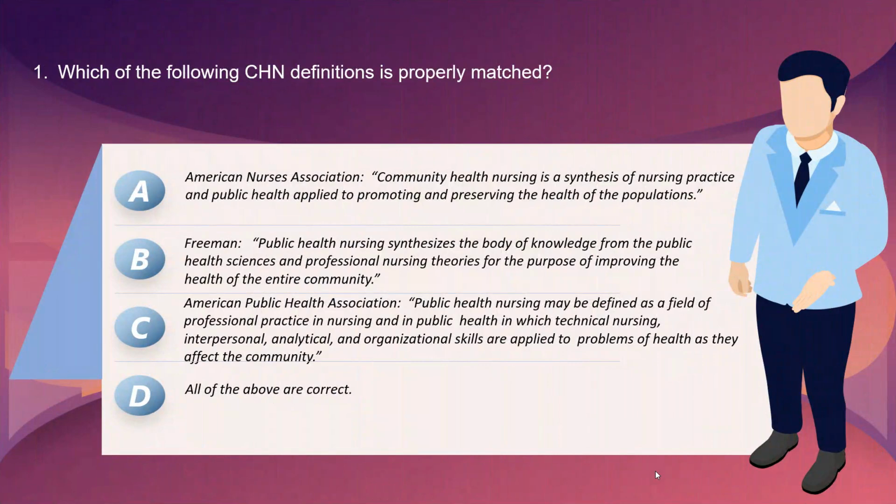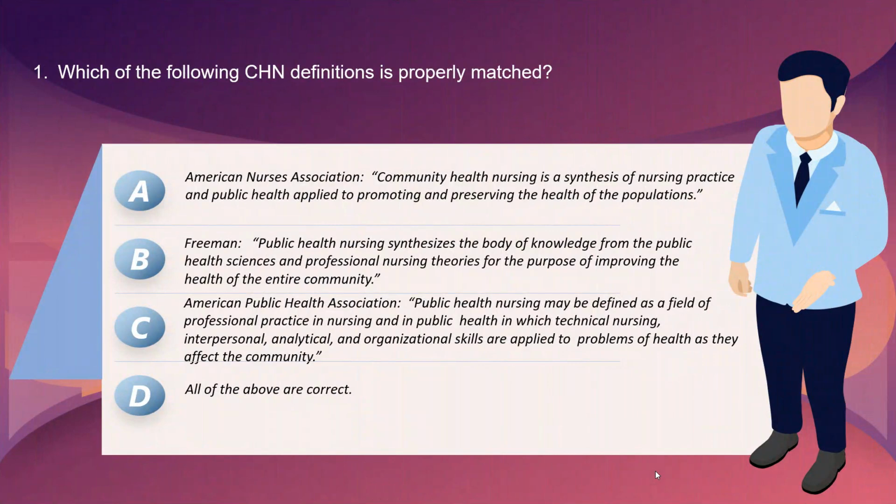Letter A, American Nurses Association: community health nursing is a synthesis of nursing practice and public health applied to promoting and preserving the health of the population. Letter B, Freeman: public health nursing synthesizes the body of knowledge from the public health sciences and professional nursing theories for the purpose of improving the health of the entire community.